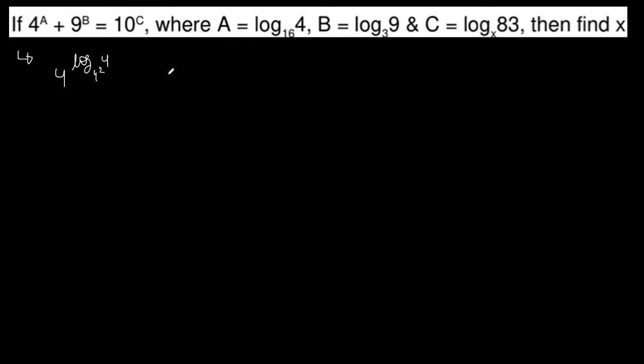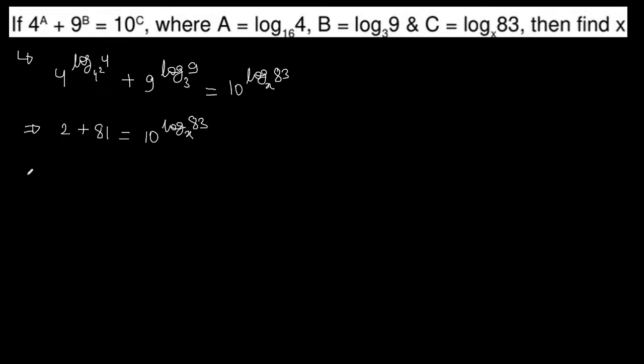A is nothing but 4 square plus 9 log 9 base 3, equal to 10 to the power log 83 base x. Now from here 1 by 2 will come out, it will go to the power 4, it will be 2, 3 square 81. This is 10 log 83 base x.